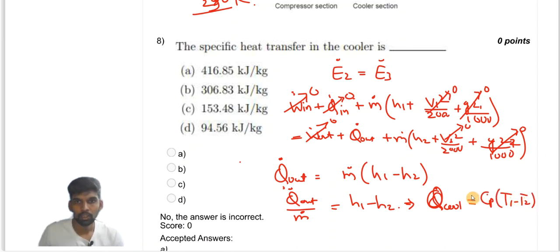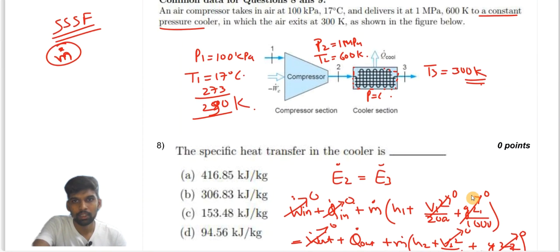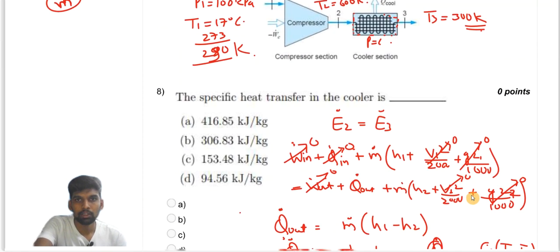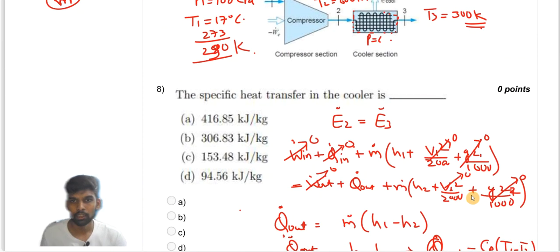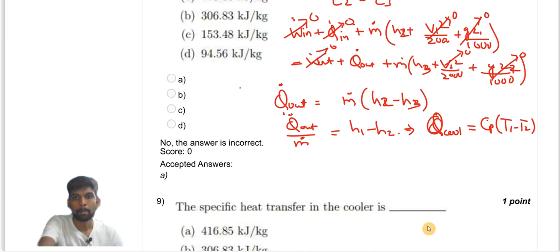Oh sorry, I messed up. Between state 2 and 3 we are writing now, so it is T2 minus T3.